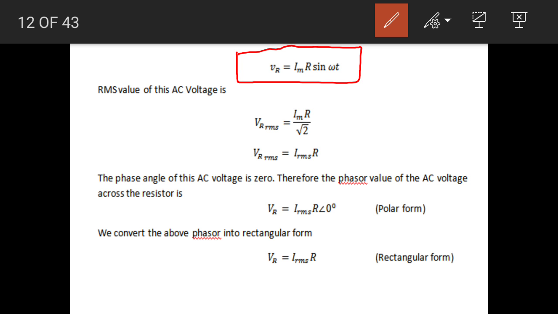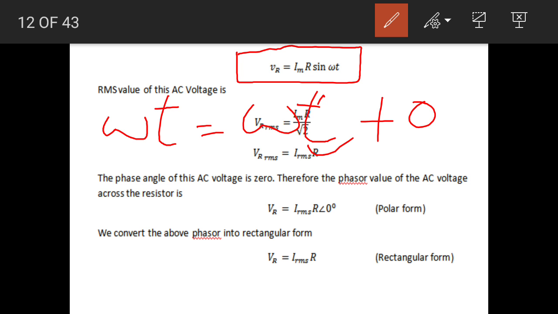There is no phase difference between the current in the resistor and the voltage across the resistor. So omega t in this particular equation can be written as omega t plus 0, where 0 is known as the phase angle of this voltage. So the phase angle of this voltage is 0.